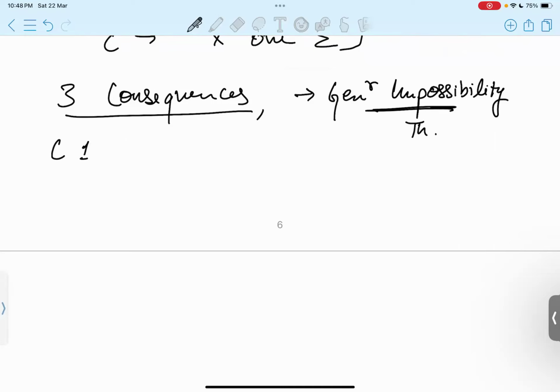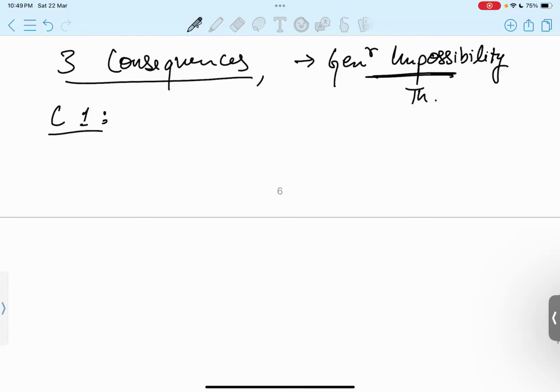Consequence one states that when there are two individuals, if they are preferring, let's say, x to y, then irrespective of the rank given to the third alternative, which is z, the outcome is always going to be the preference of x to y. This is the first consequence.